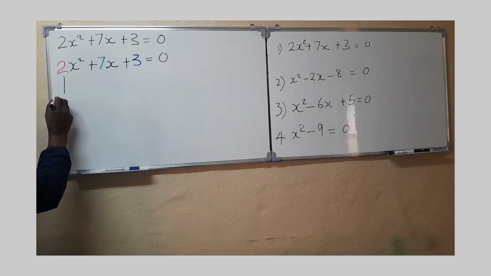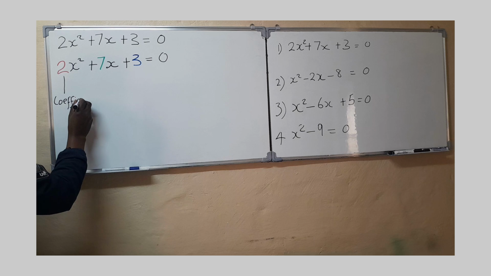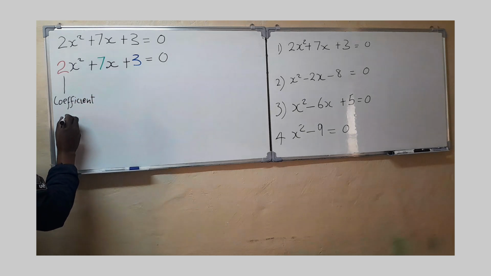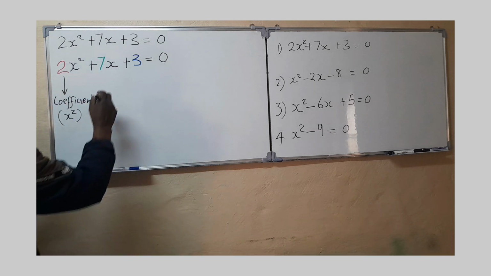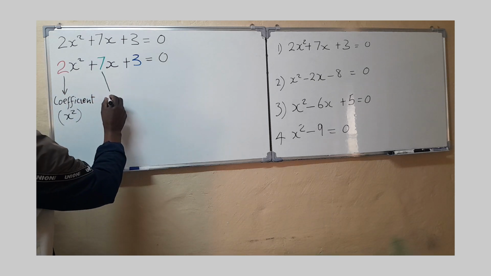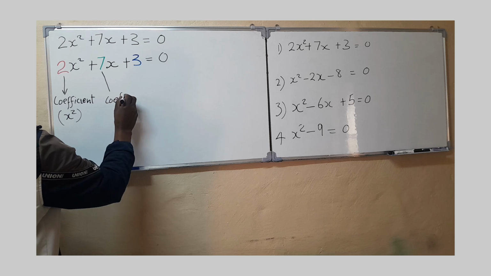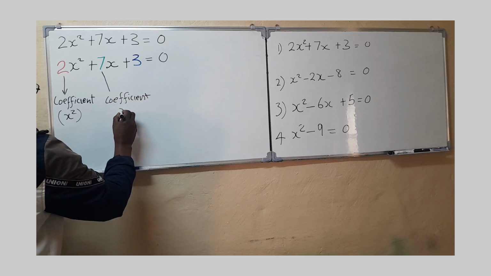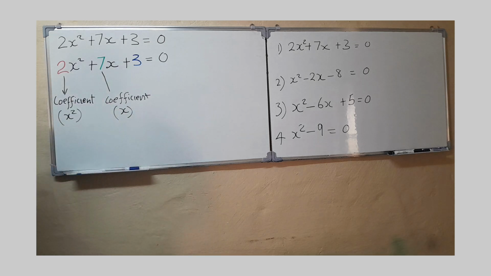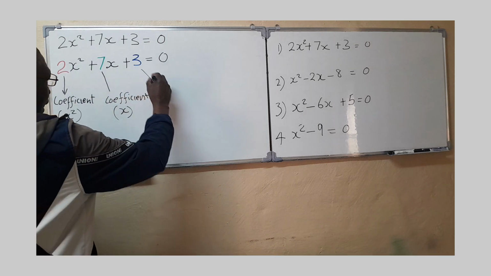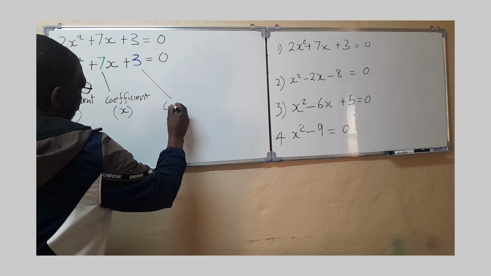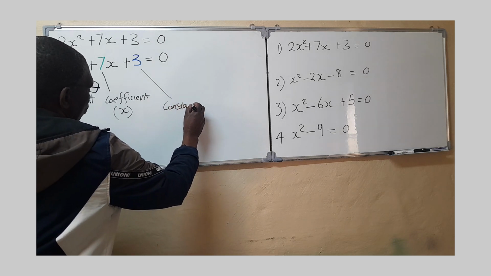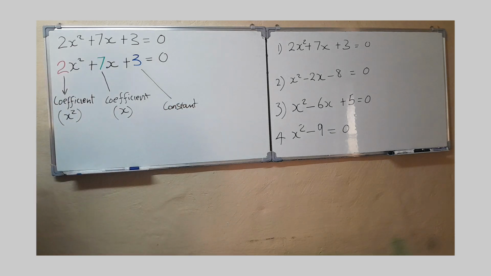This is the coefficient of x squared, as you can see. The 7 here is the coefficient of x, the number that is multiplying x. And the 3 here is a constant. A constant, of course, is just any number.